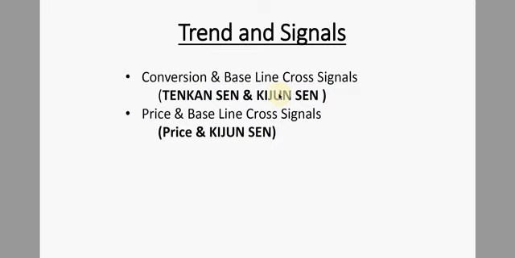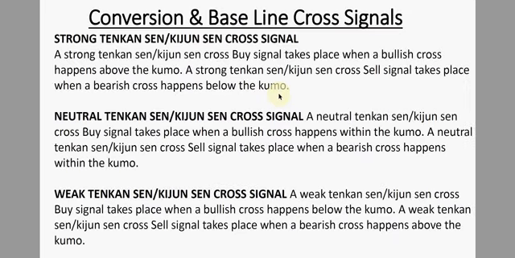Okay, now let's look at how it works. When we talk about signals, there are three types: the strong, the neutral, and the weak. The strong signal is when the bullish signal happens above the cloud. Strong bullish signal. When a bearish signal happens below the cloud, strong bearish.